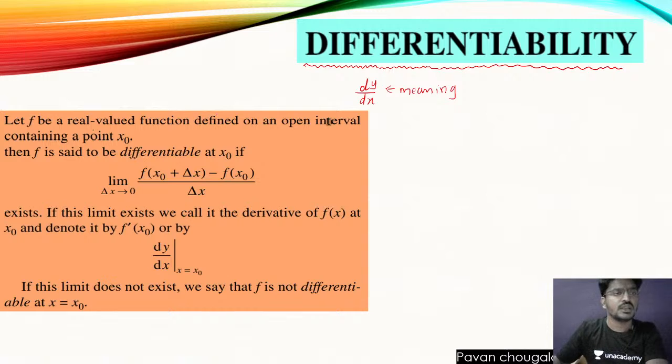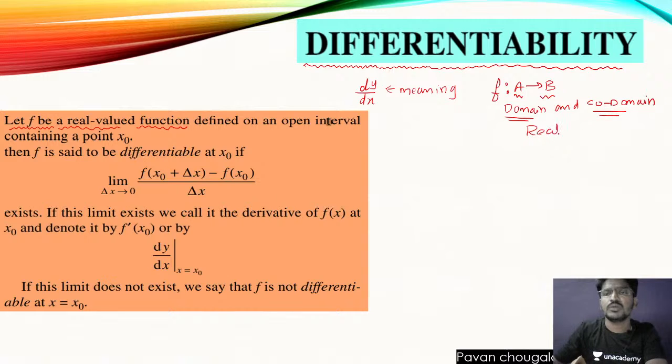Here you can see, let f be a real valued function. The meaning of f is a real valued function is that f is a function from A to B, where A and B are the domain and codomain. Both of these sets are real number sets.